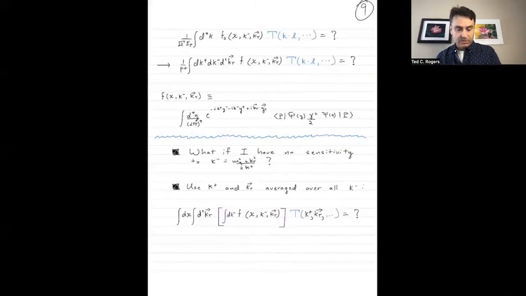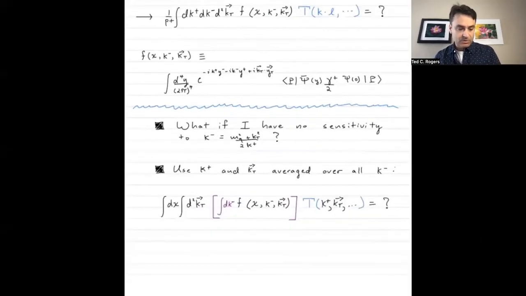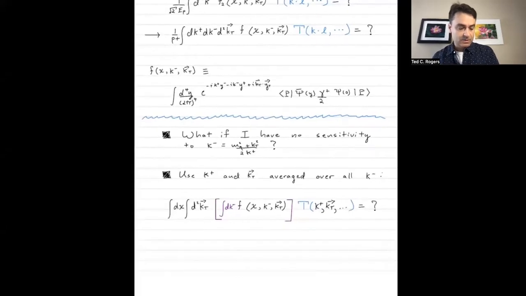So what happens if we do that kind of approximation? So here I'm just stating what I just said. What if I have no sensitivity to this minus component that is going to 0 so quickly as K plus is getting large?